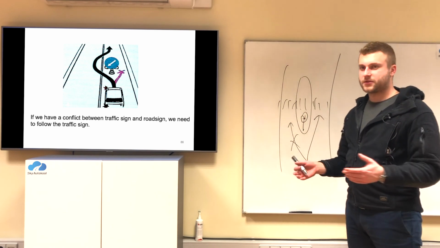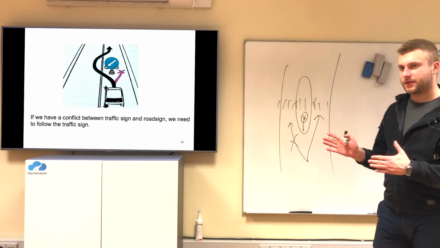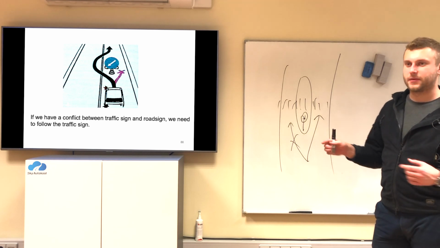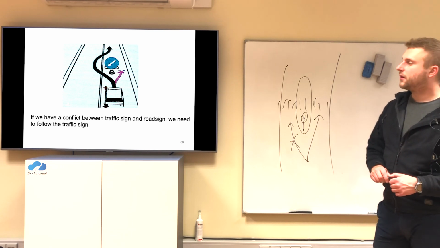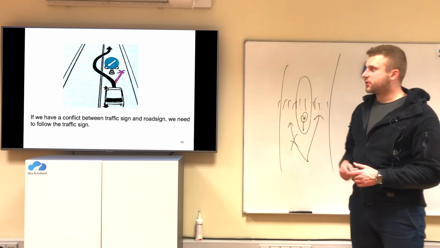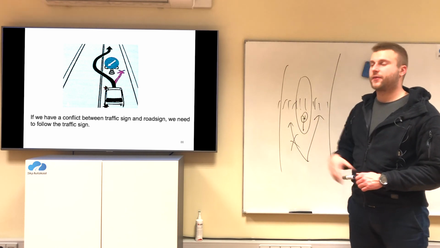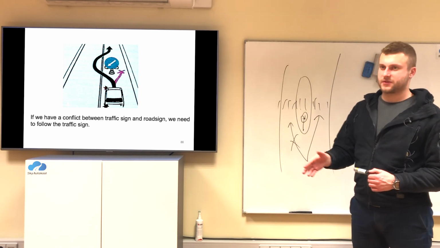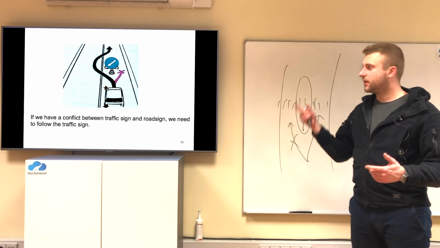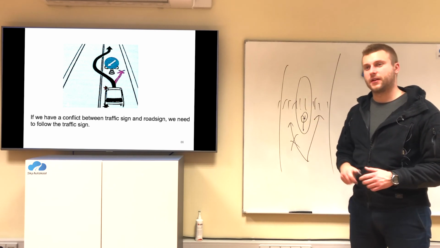Of course, maybe you know that a solid line in the center you cannot cross. Only broken lines we can cross. But in this situation, we see the sign showing us that we have to go this way, we have to cross the solid line, then we can do it because we have permission from this sign.